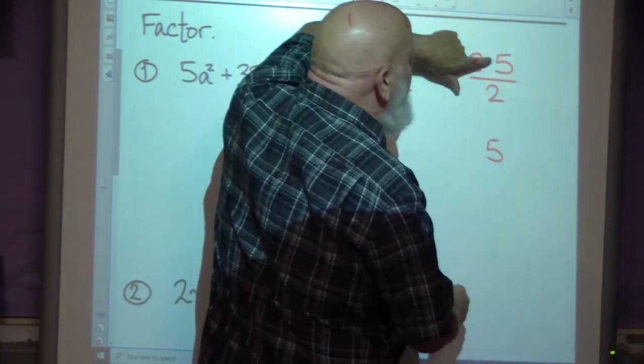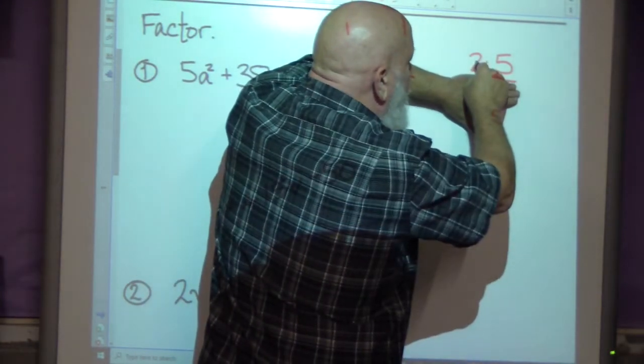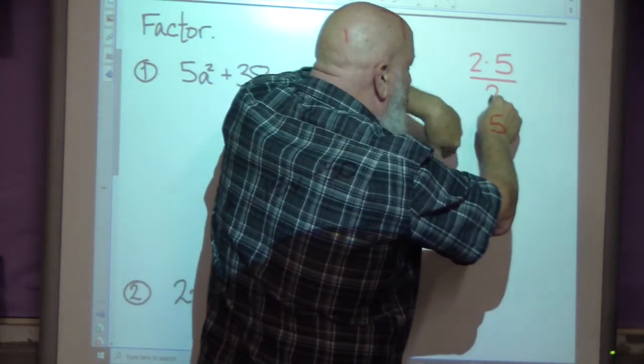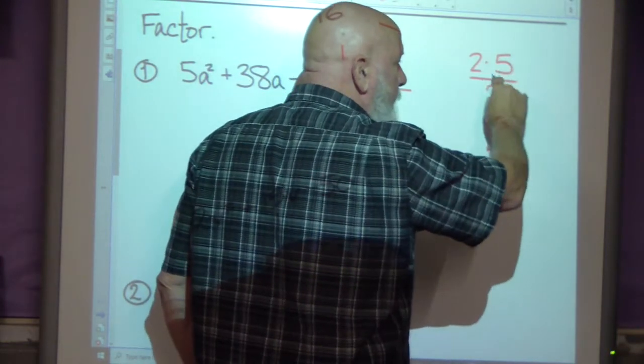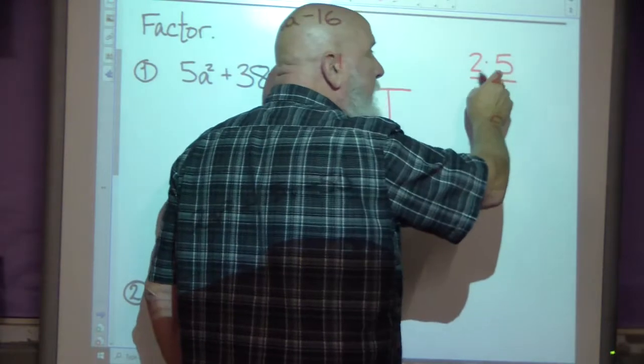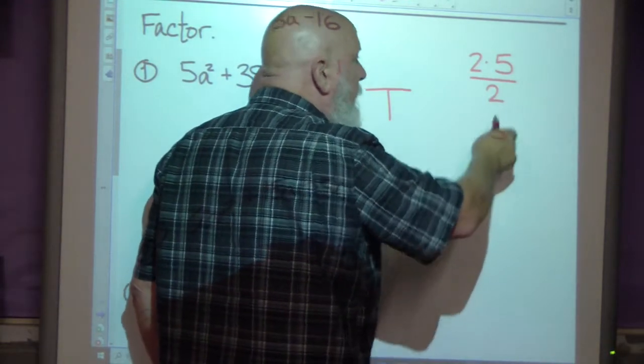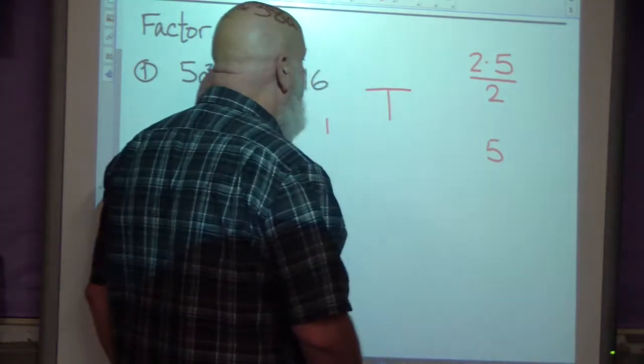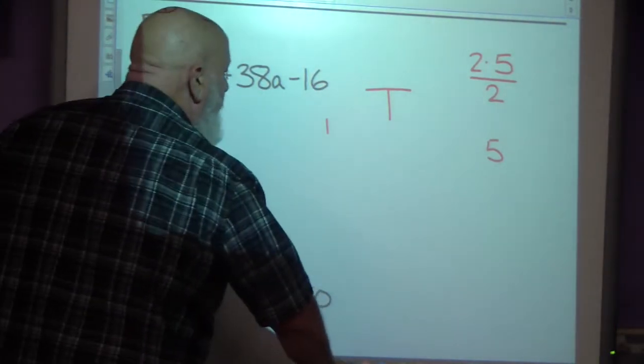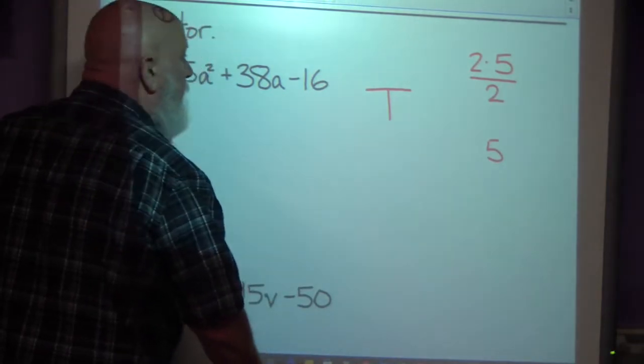If I take any value and I multiply it by something and turn around and divide it by the same thing, I haven't changed the value of this. This still has a value of 5. It looks different. It looks like 10 over 2, which is 5. It looks different, but it still has a value of 5. And that's the kind of thinking I'm going to be doing in using the T method.